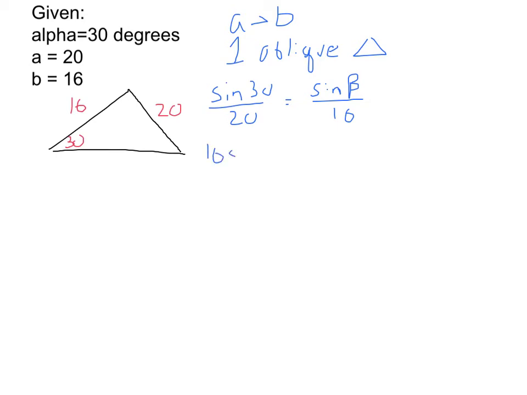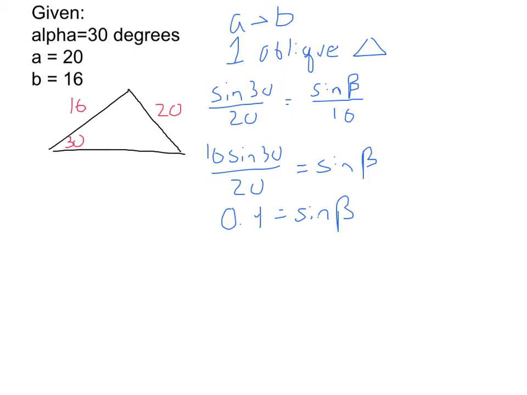So I have 16 sine 30 over 20 equals sine beta. Now I should just be able to type that into my calculator and take 16 times the sine of 30 and divide that by 20. When I do that, I get 0.4. And so 0.4 is equal to the sine of beta.